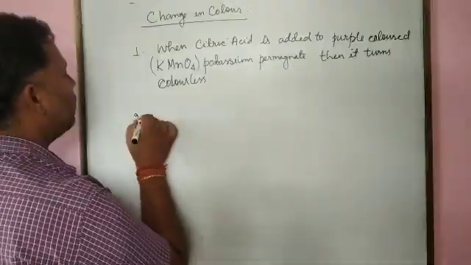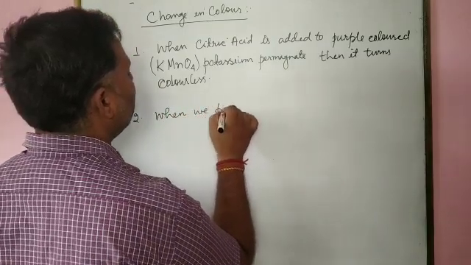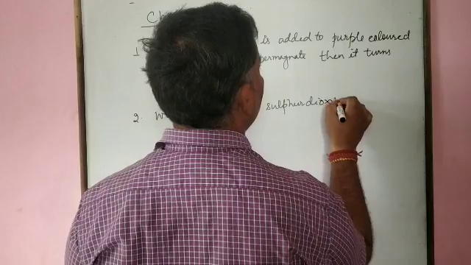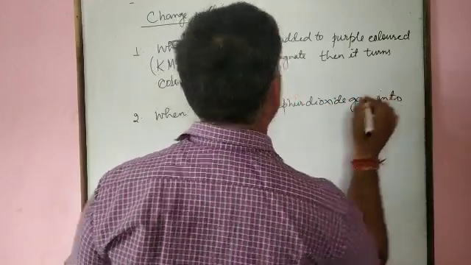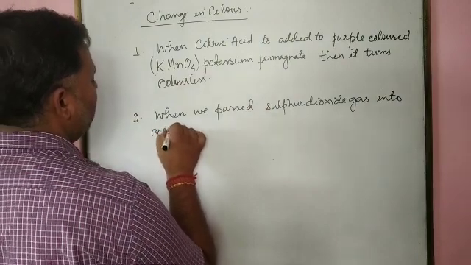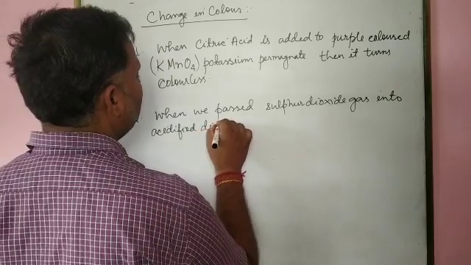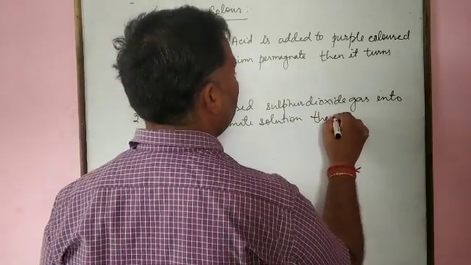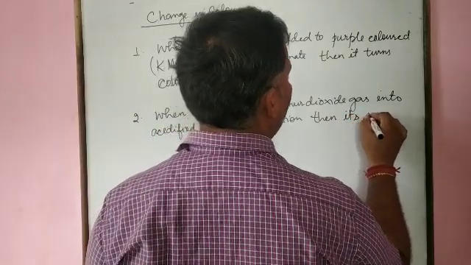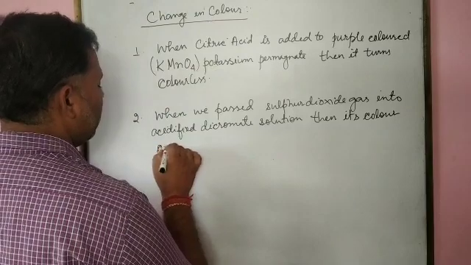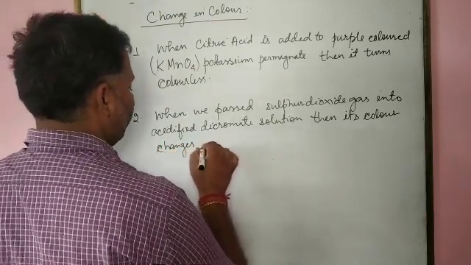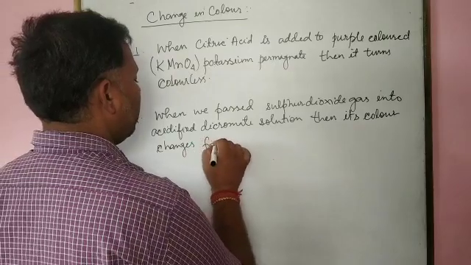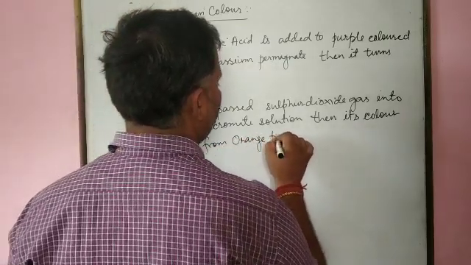The next one is that when we pass sulfur dioxide gas into acidified dichromate solution, then its color changes from orange to green.